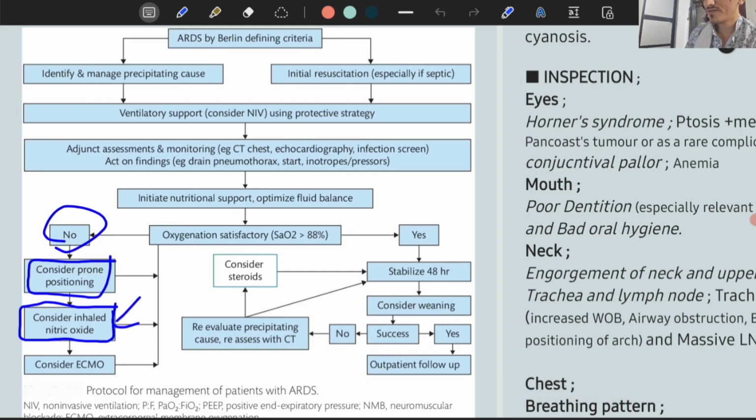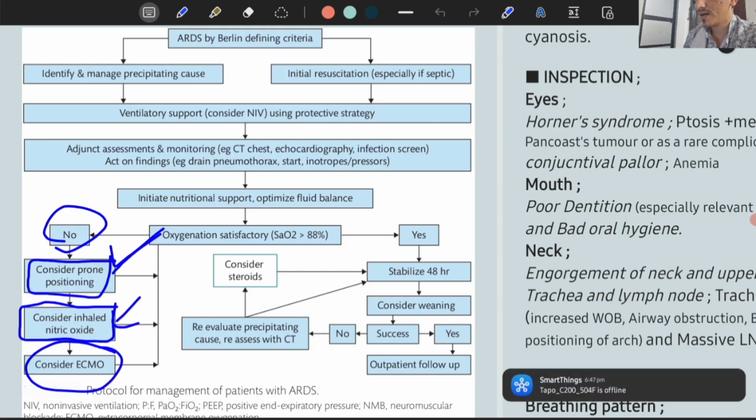Evidence is good for protective ventilation strategy and prone positioning. But if the patient is refractory to protective ventilation, prone positioning, inhaled nitric oxide, then you can consider ECMO, extracorporeal membrane oxygenation, and you will maintain the saturation 88 to 92%.